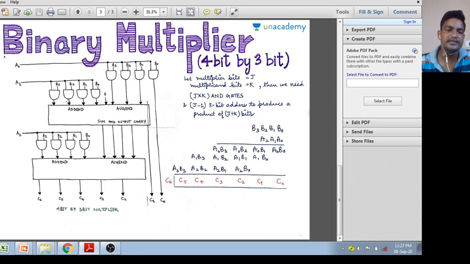In this case j is 3, the bits of A are 3, so 3 minus 1 is 2, so 2 parallel adders are required. So in this way you can design any combinational circuit which performs multiplication of two numbers.